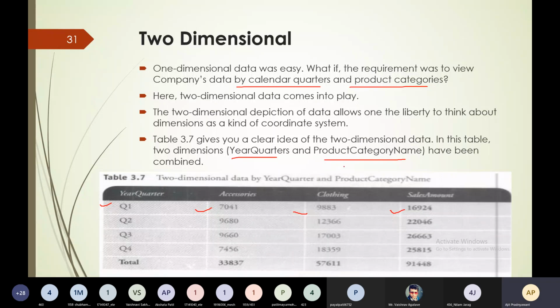Based on this, for quarter Q1, for accessories this is the total units of the accessories and total units of the clothing, and this is the sales amount. Similarly, for quarter 4, this is the accessories units sold, clothing units sold, and this is the total sales amount. So that's why this is the two-dimensional data by year quarter and product category name.